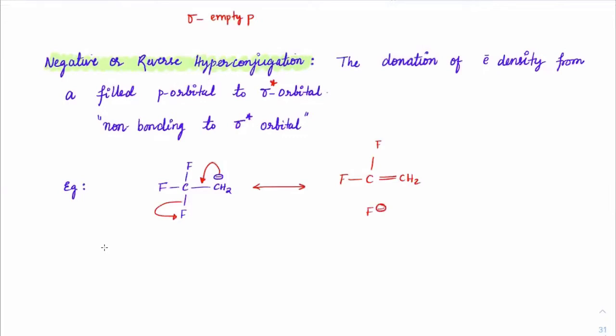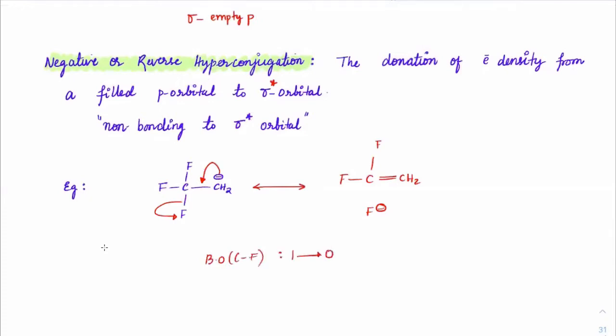It is just the reverse of what we have been learning so far. If it was hydrogen here, we used to think the reverse way, with a carbocation. Here it is a carbanion trying to make a reverse hyperconjugation. The evidence for this is the carbon-fluorine bond order. The bond order is decreasing from 1 towards 0. So the bond order of carbon and fluorine is changing from 1 towards 0.